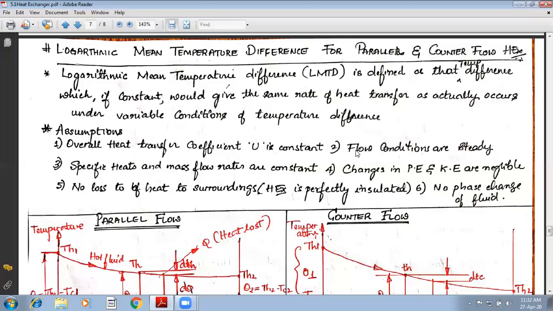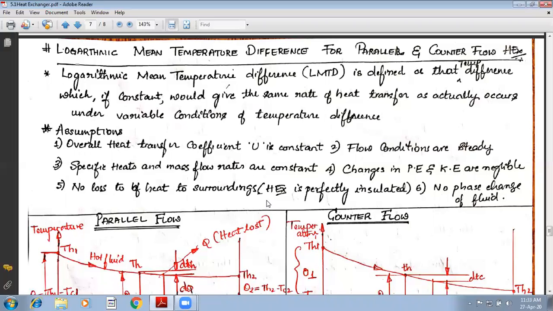Second one is the flow conditions are steady. Third one, the specific heat as well as mass flow rates are constant throughout. Next is change in potential energy as well as kinetic energy are negligible.